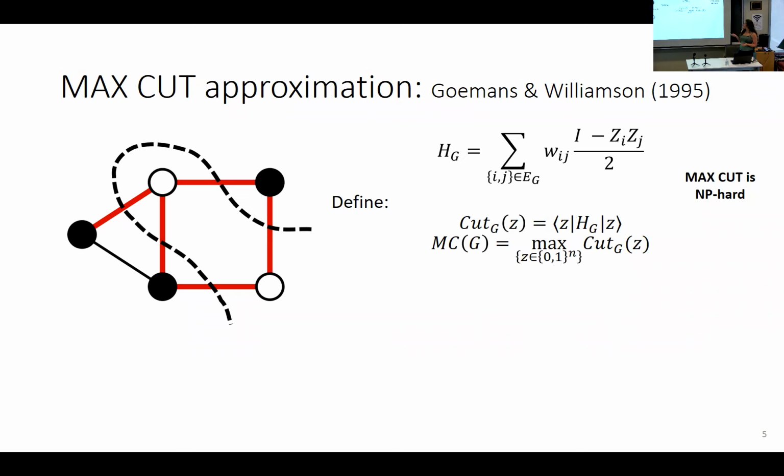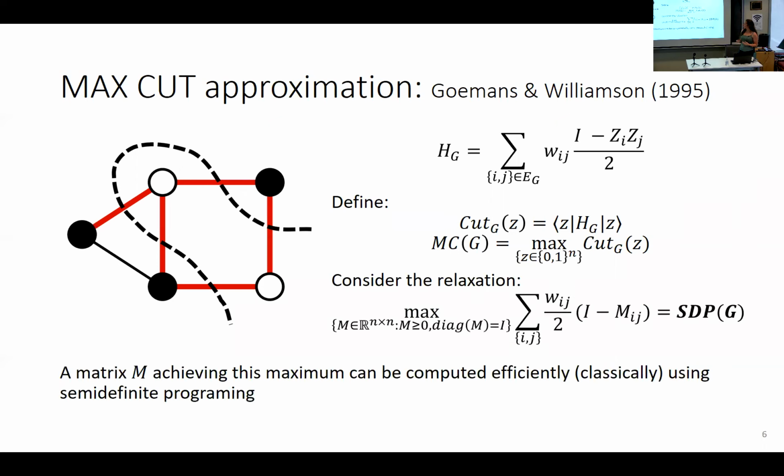So this is an NP hard problem, meaning again, we don't expect to be able to solve it efficiently exactly. But what we can do is find an approximate solution. The way that Goemans and Williamson approached this, a sort of groundbreaking result in the field, is they did a relaxation where instead of allowing only a bit string for the state Z, they allowed real numbers essentially.